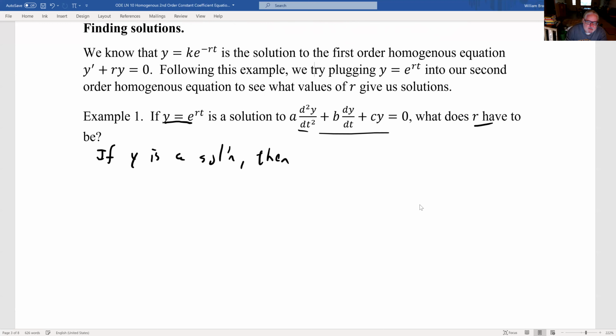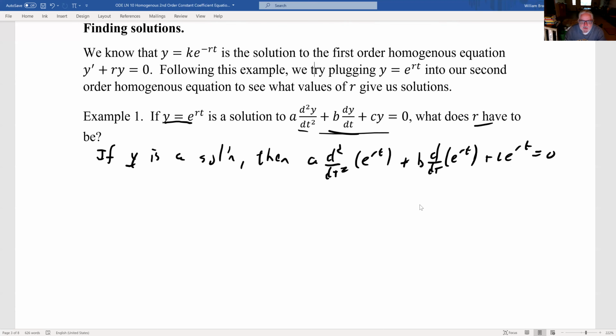Then a times the second derivative with respect to t of e to the rt plus b times the first derivative of e to the rt plus c e to the rt has to equal 0, right? If you're a solution, you get plugged into the equation, then you have to satisfy the equation.